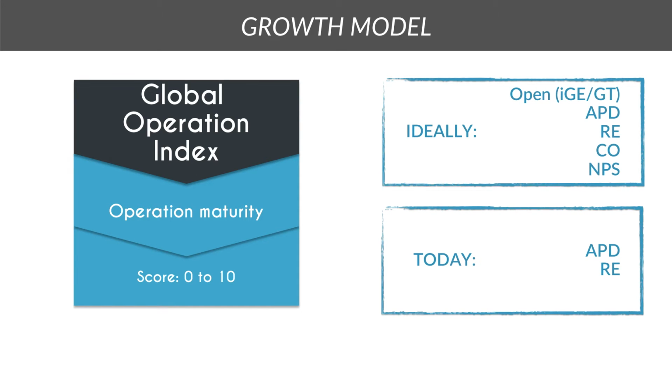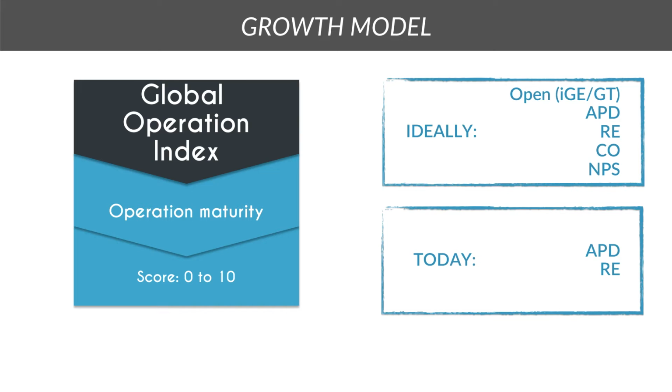So ideally, we would look at the opens of IG and IGT, the approveds, the realizations, the completes, and the NPS of this entity, of this operation of a specific entity. Today, the only two data that we have that are trustworthy are approved and realized.